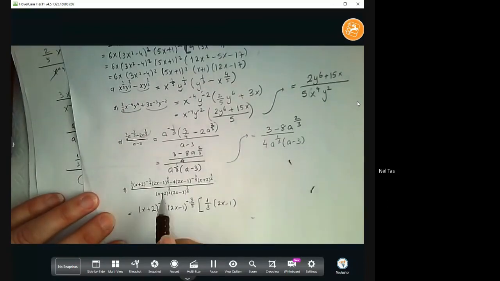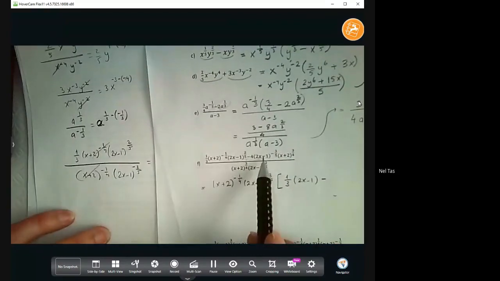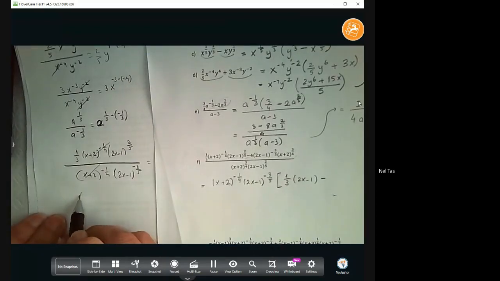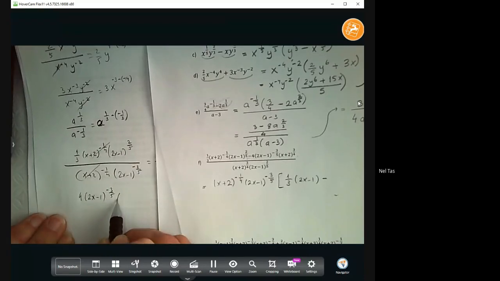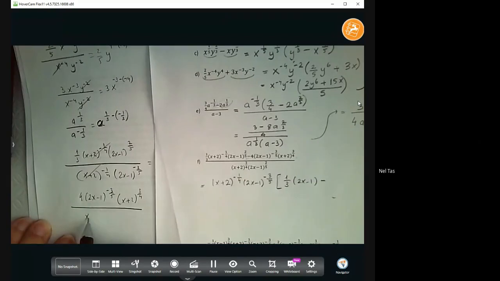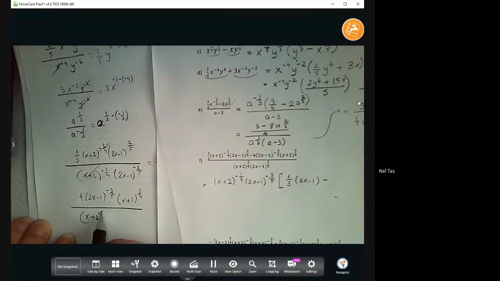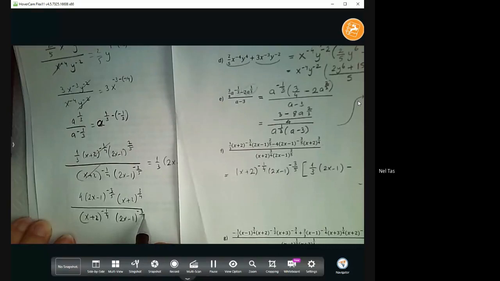Okay, so minus sign. Now I'm going to take the second term and divide it by this. Okay, so you have 4, 2x minus 1 to the power of negative 3 over 5, x plus 2 to the power of 3 over 4, divided by x plus 2 to the power of negative 1 over 4, 2x minus 1 to the power of negative 3 over 5.